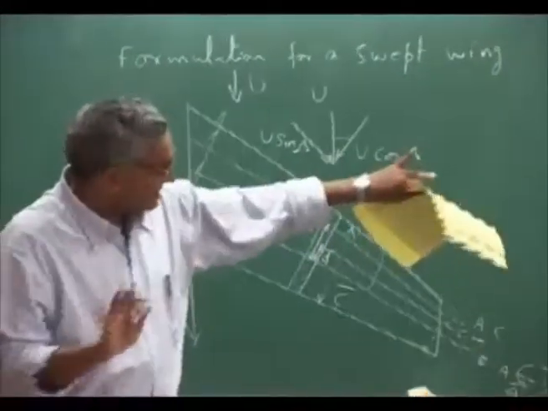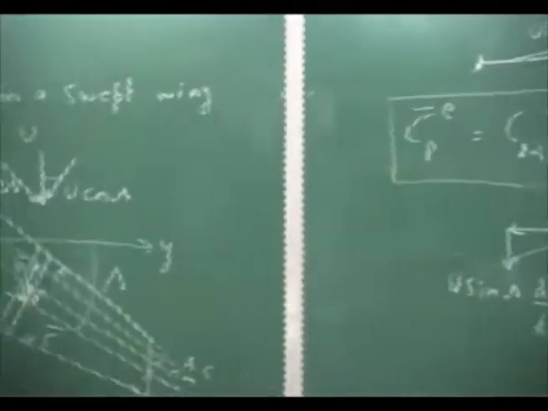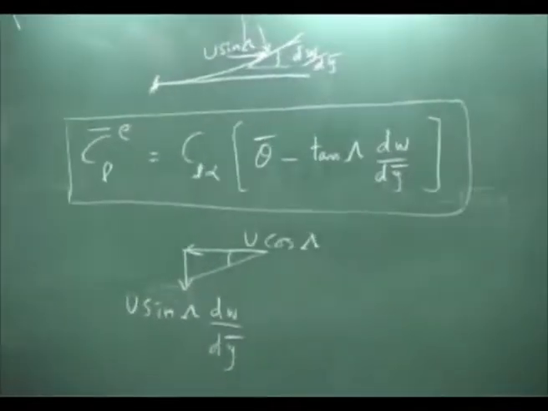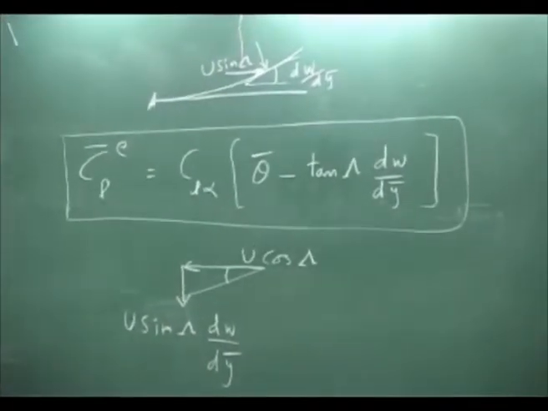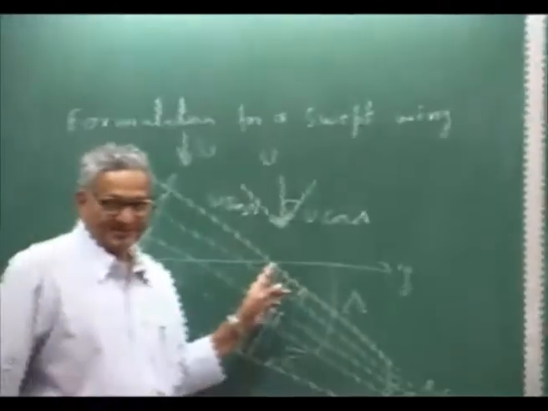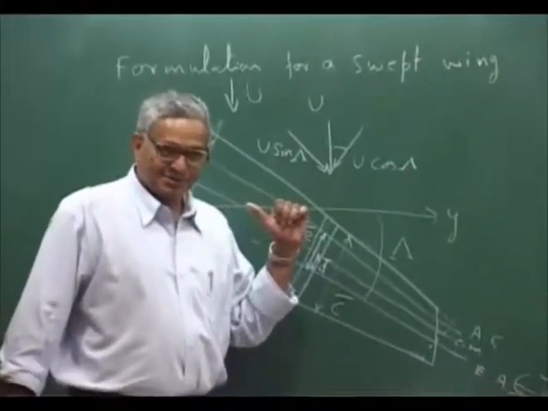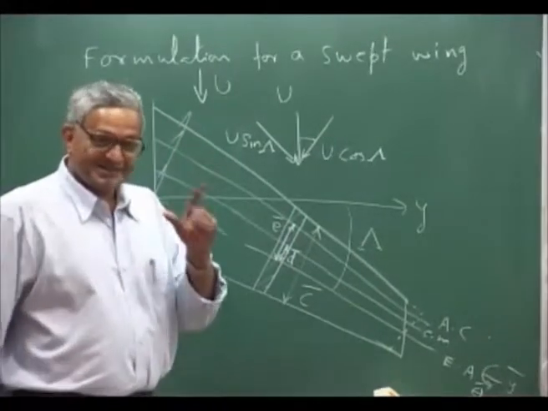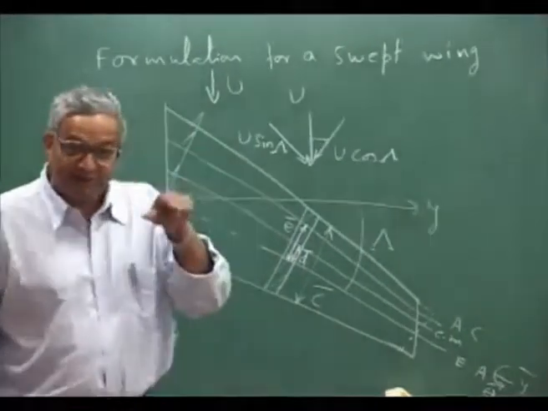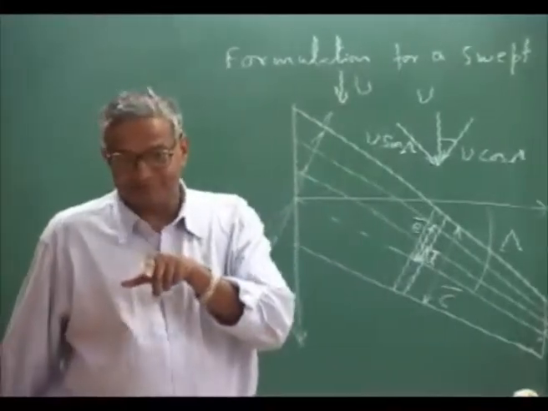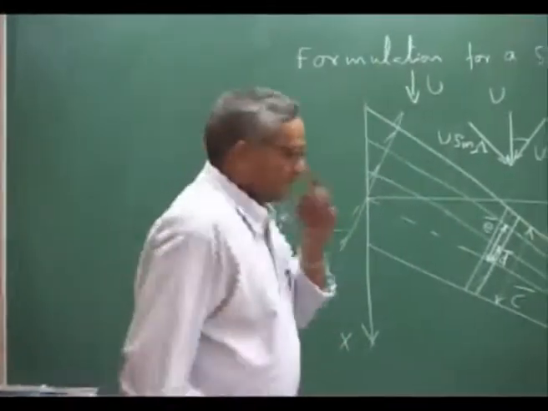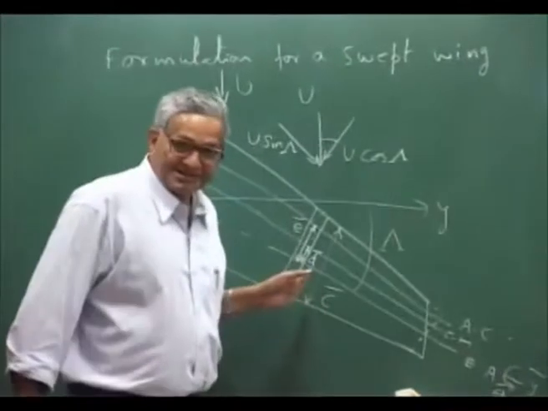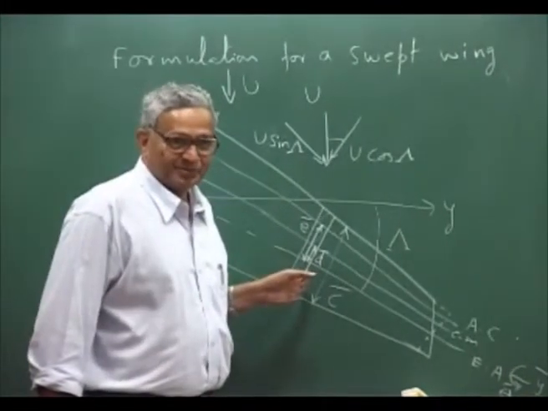This CL alpha is directly CL alpha of the aerofoil, because the flow is normal to the leading edge, whereas in the other case flow is not normal to the leading edge. That is why there CL alpha with lambda not equal to 0. Okay. Whereas here it is directly the CL alpha. Okay.